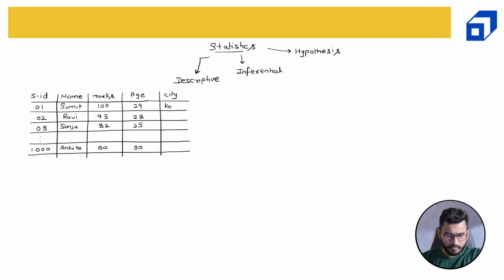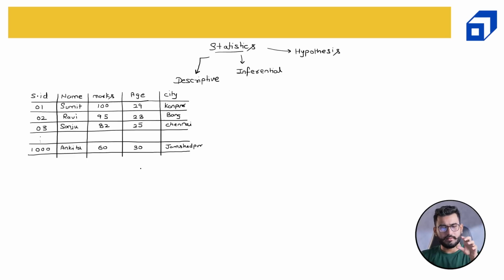City, so I am from Kanpur. Then Ravi maybe from Bangalore. Then maybe this is Chennai. And finally Ankita from, let's say, Jamshedpur. So we can just write Jamshedpur.